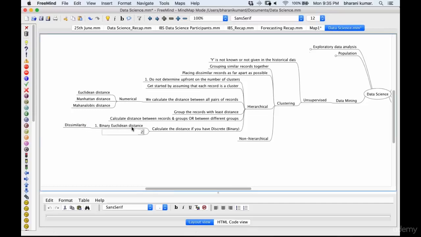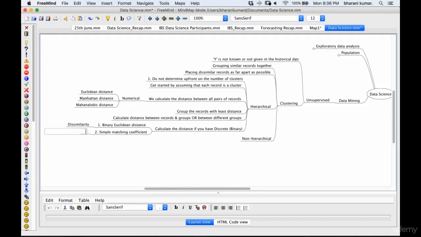right? And then we have another measure called the simple matching coefficient. This is a measure of similarity.